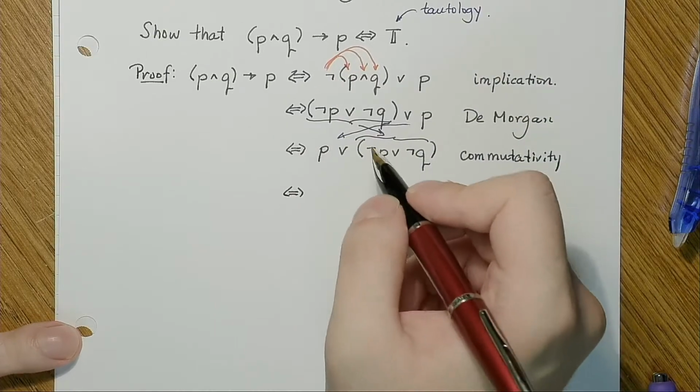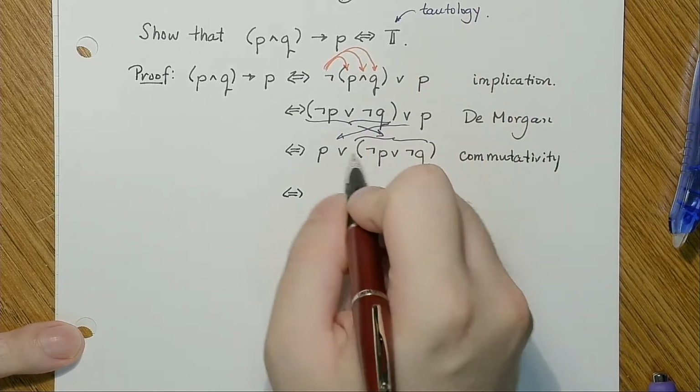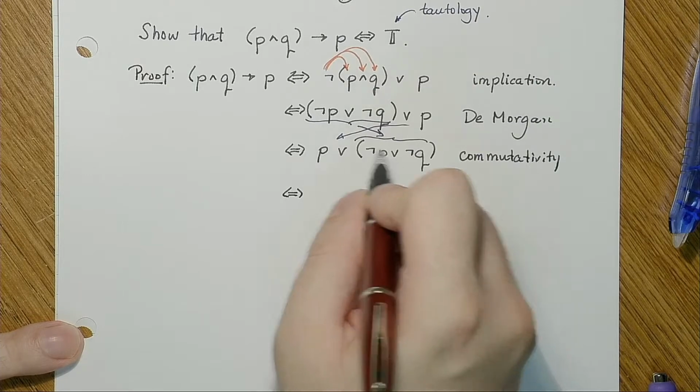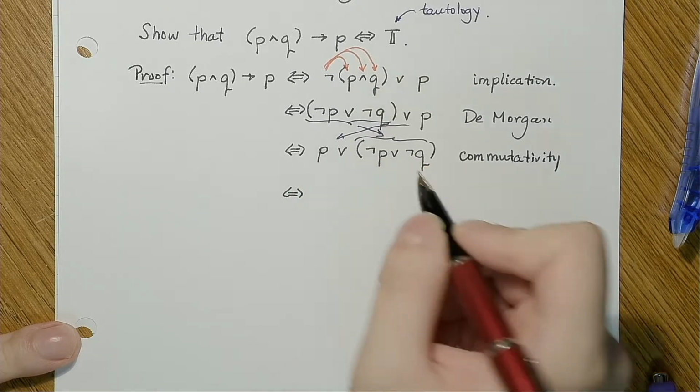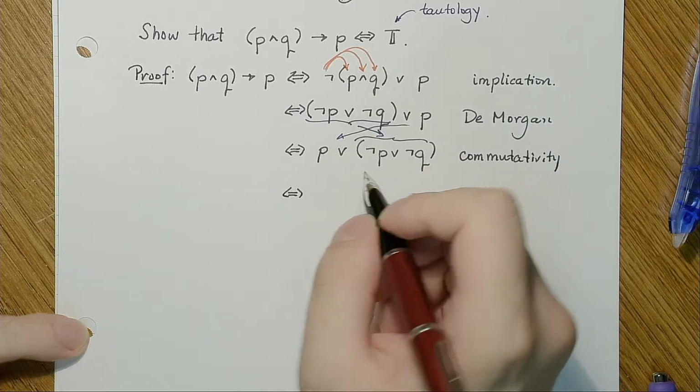Why I'm doing that is because I want to do a tautology. I have an or and an or, and because I have all the same logical connectives here, like the or and the or, it's not an and, I can shift the brackets.